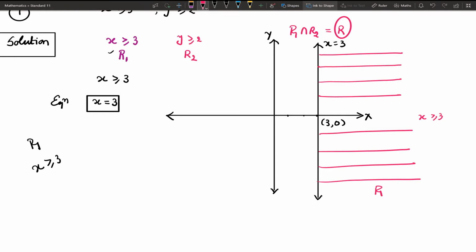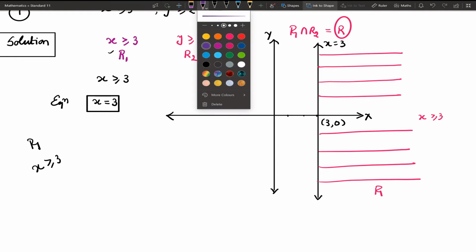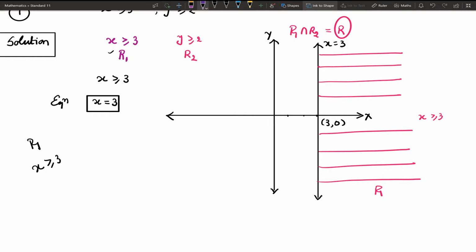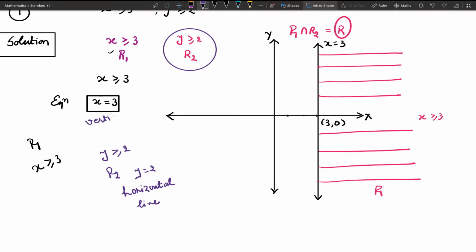Now we have to find region R2, which is given by y greater than or equal to 2. When we get the equation y equal to 2, it represents a horizontal line, while x equal to a is a vertical line.